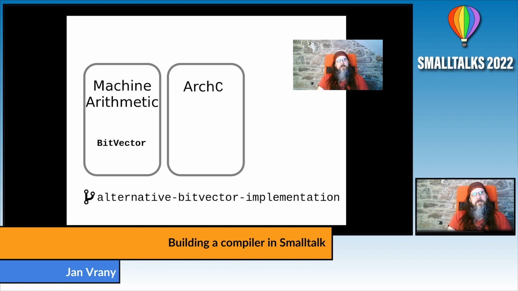There is a branch in RISC-V repository showing you how to do this if you want to. Even though I don't really see much of a reason to do it, because the bit vector in machine arithmetic works just fine, and it can do very interesting things thanks to the fact that it's all Z3 and it can solve things if you want to.